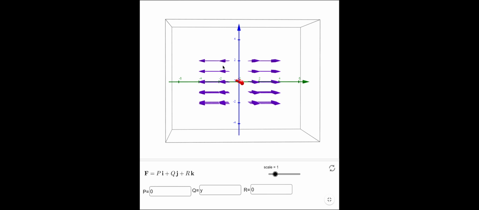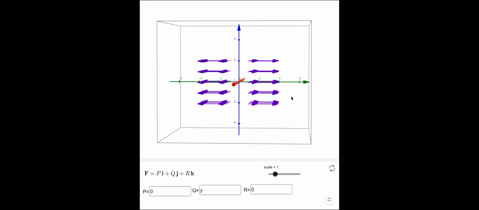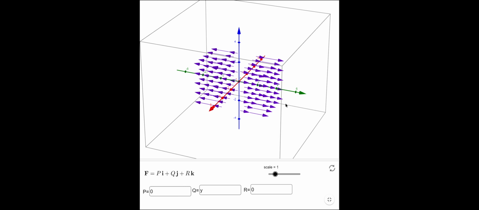So that's why these would point in this direction, and the vectors on this side point in the direction of the y-axis. Which really doesn't make too much difference for us because the surfaces that we're going to consider would just lie on this side of the y-axis, at least for these examples.